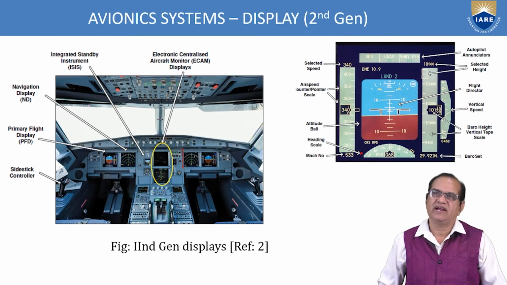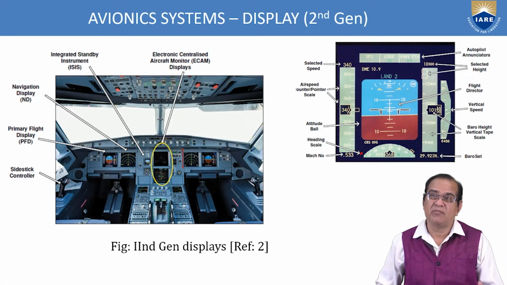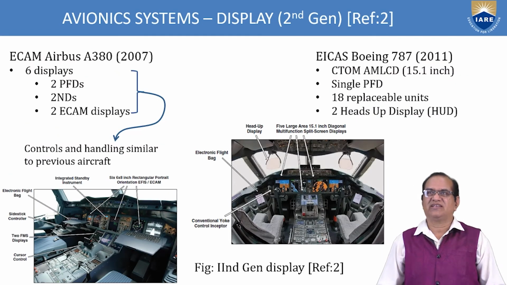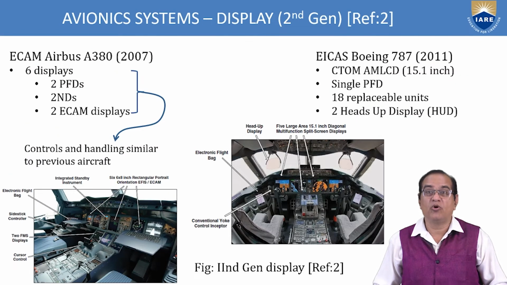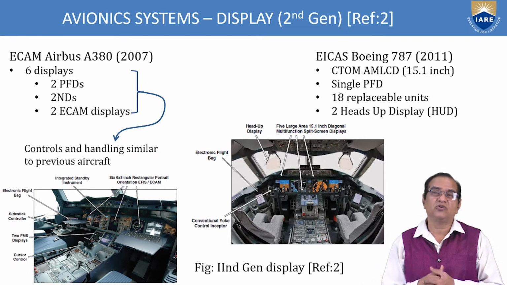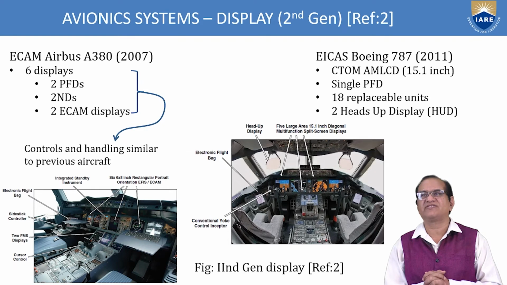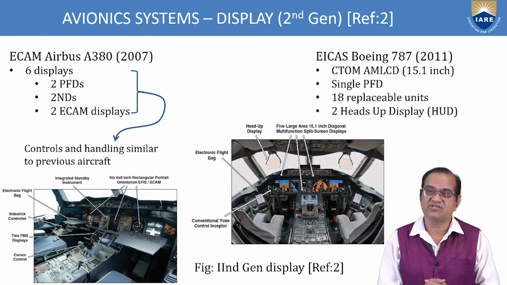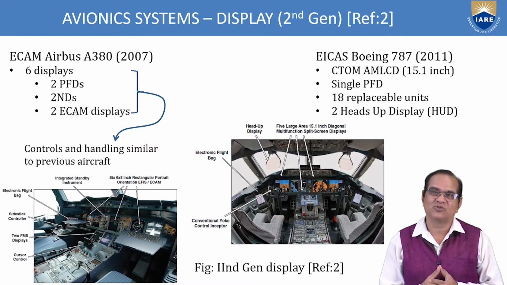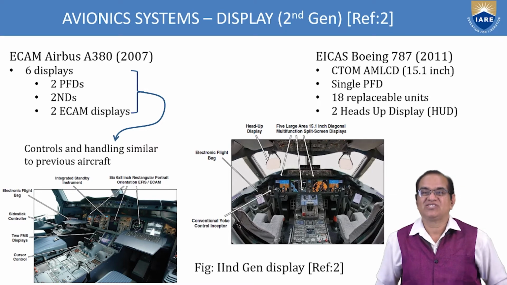So this is the description of the second generation modified display system. Further, on the second generation, we have some more detail I want to show you. You should know that nowadays most aircraft are second generation, and 70% of the total cost goes towards the avionic systems.